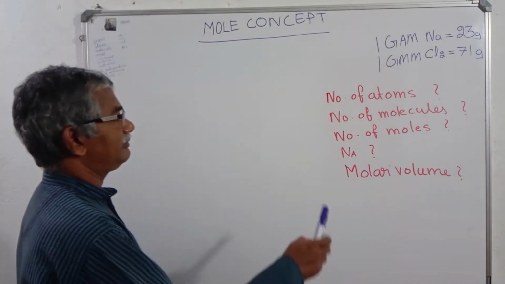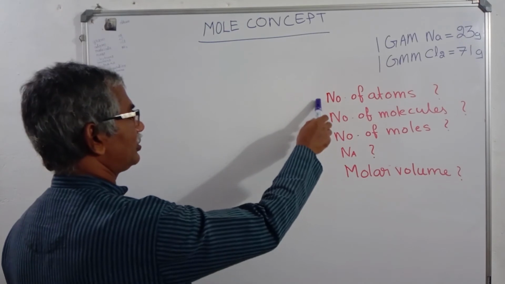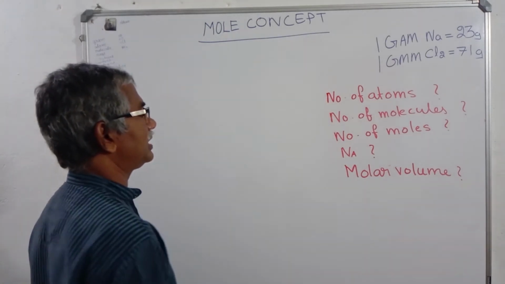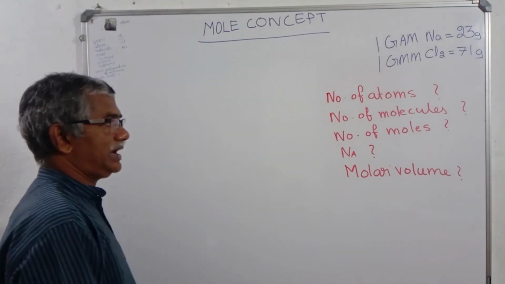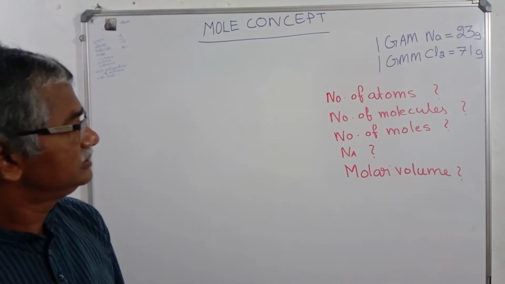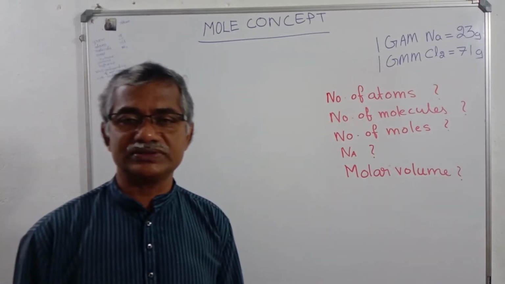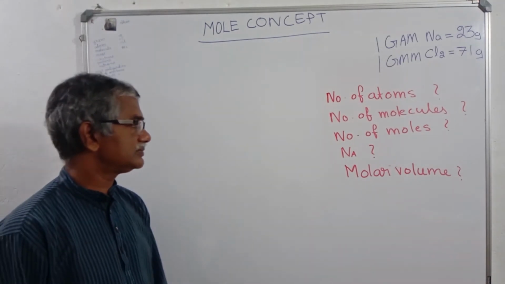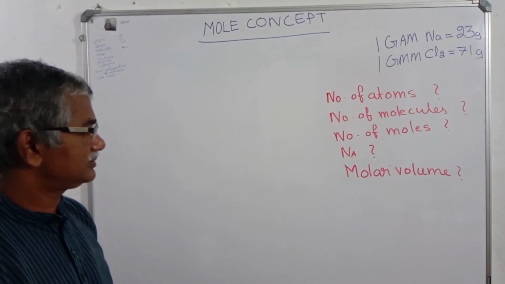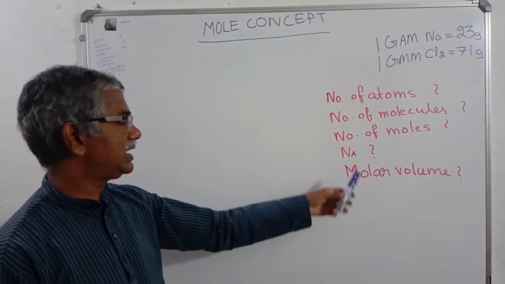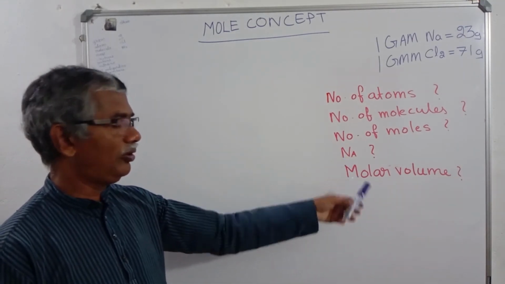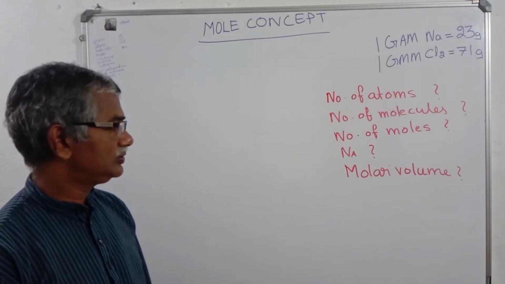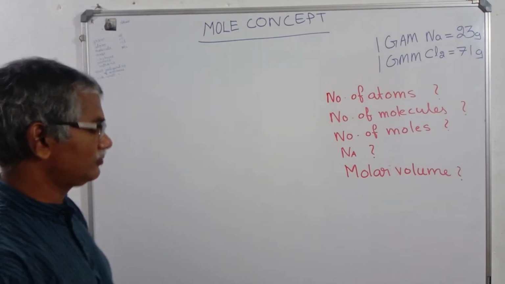We can find any one of these using mole concepts. Number of atoms in a compound, number of molecules in a given substance, number of moles. Na means Avogadro number, molar volume. That means 22.4 liter molar volume.